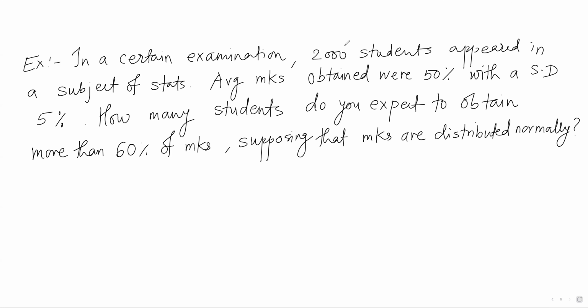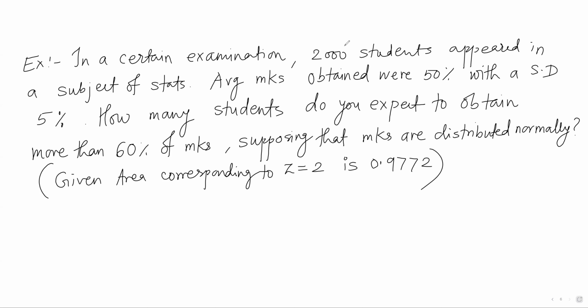Now, what is given? The area corresponding to z equal to 2 is 0.9772. Okay. Now, what is asked here? Being a normal distribution, everything becomes simple, as I said.